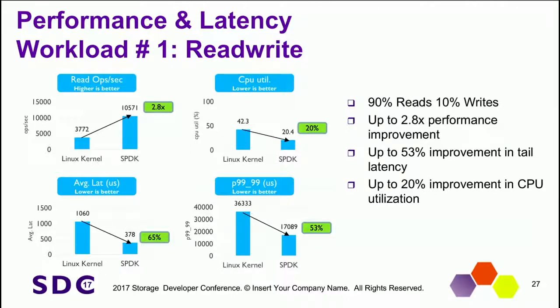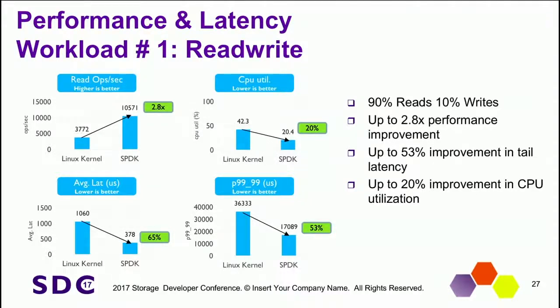Read ops per second shows how fast the point queries were performing. Linux kernel versus SPDK, we see like 280% performance improvement using SPDK Blobstore under the same RocksDB workload.